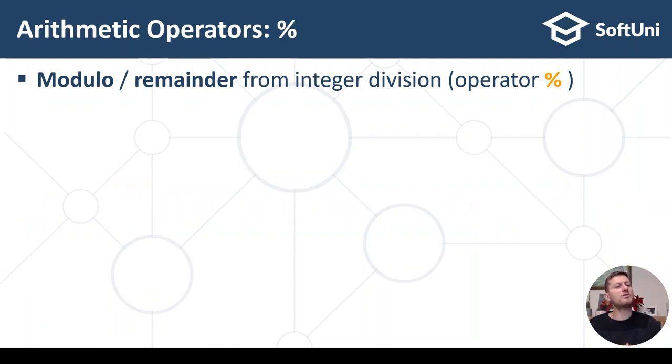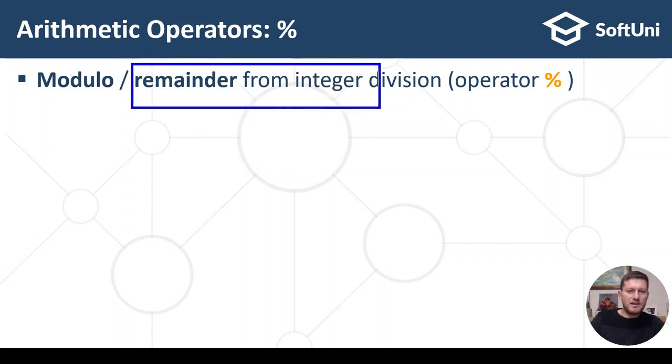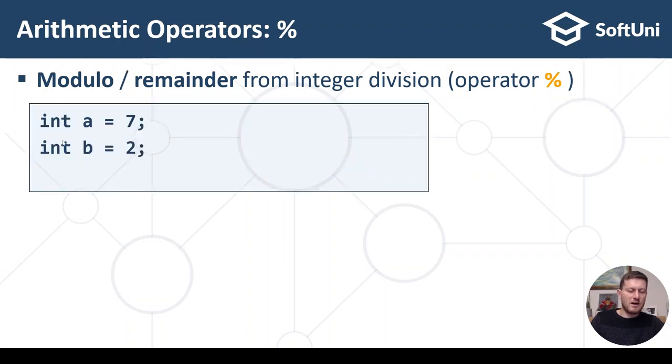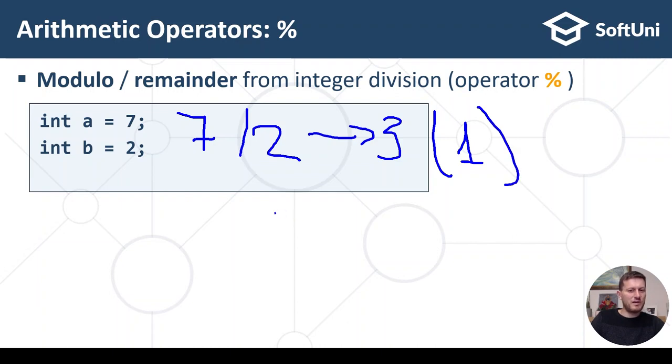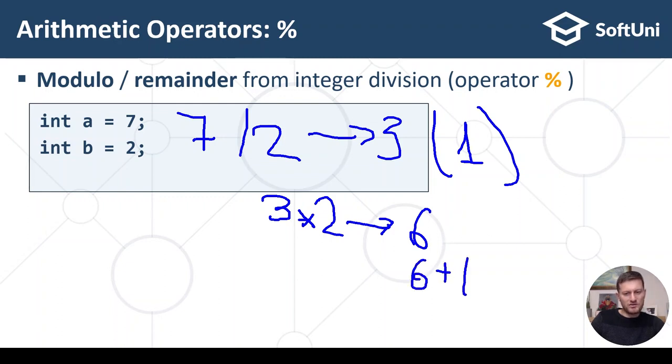Finally, I'll talk about the most complex, maybe, arithmetic operator called percentage or modulo or remainder. It calculates the remainder from integer division. I'll show you how this works. If we divide 7 by 2, we have 3, and 1 as a remainder, because 3 multiplied by 2 is 6, and 6 plus this 1 remainder gives the source number 7.